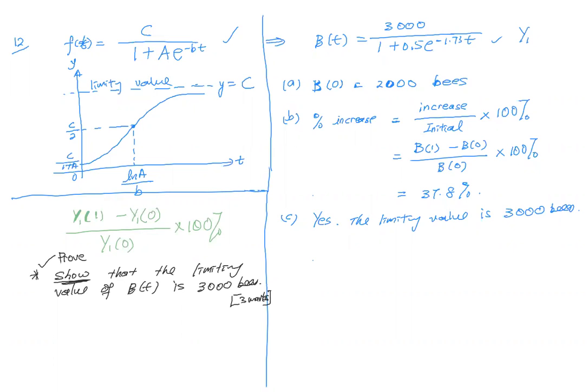Okay, just now Shafiq said, you have to start with as t approaches infinity. Okay, so what should I do next? 0.5 e to the power of negative 1.73t approaches 0. Correct. You see, Shafiq has acquired the way to show.